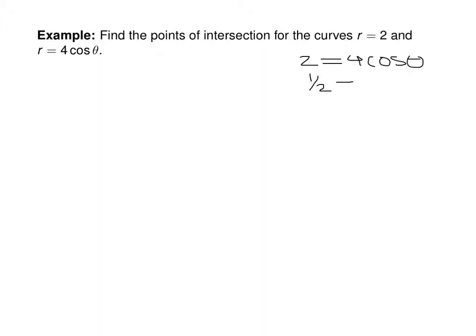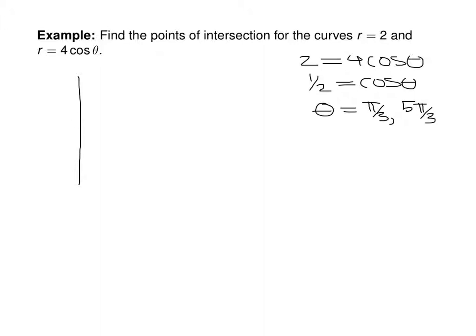So a half equals cosine of theta. And that occurs when theta is equal to pi thirds and 5 pi thirds. And let's just see if there are any more.